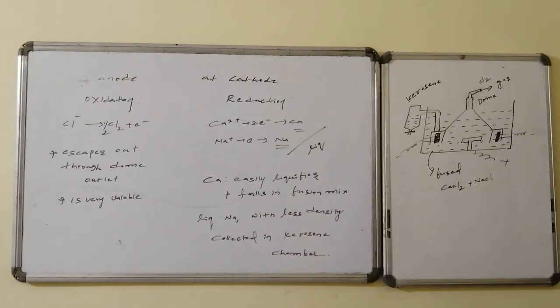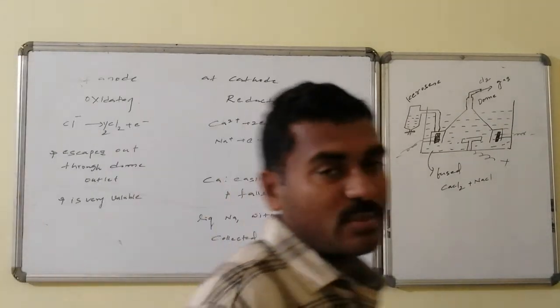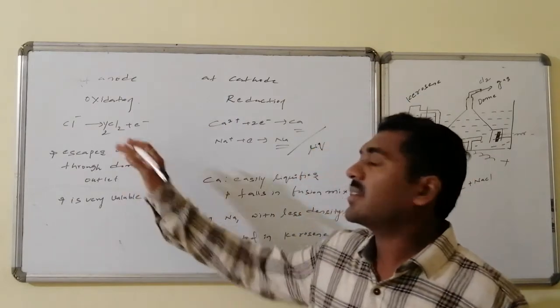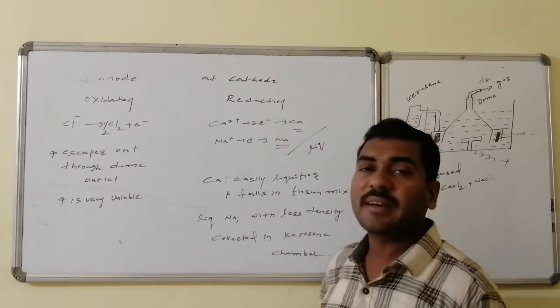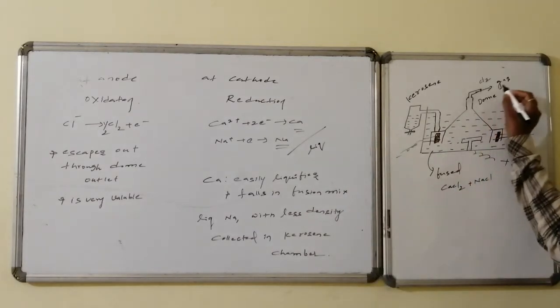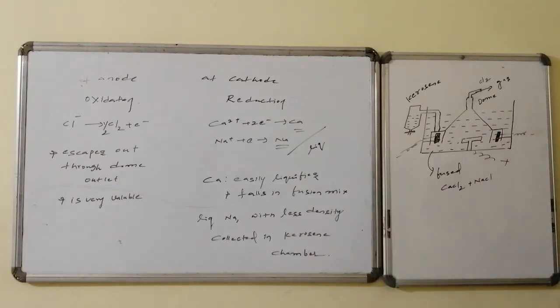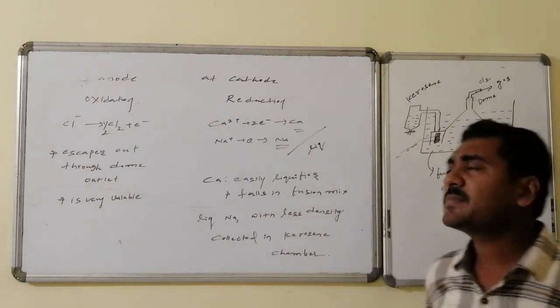Chemical reactions: at anode, oxidation takes place, at cathode reduction takes place. In the oxidation process, the chloride ion undergoes oxidation and is liberated as chlorine gas and escapes out from the dome followed by the outlet, and it is a very valuable material.